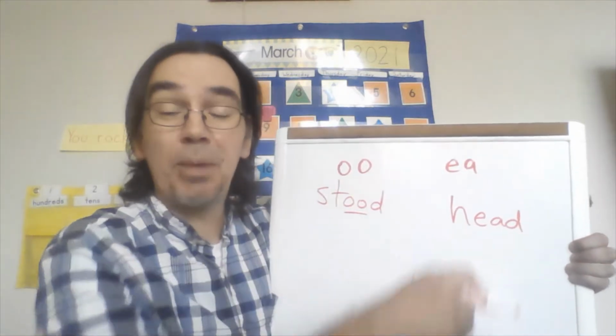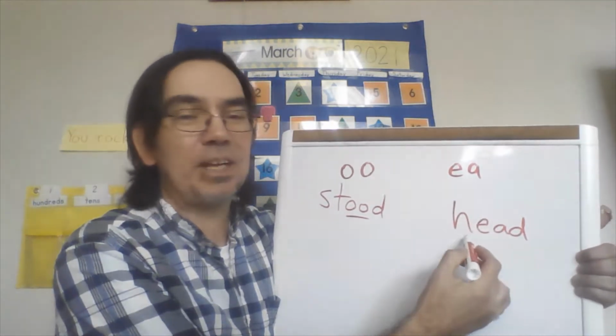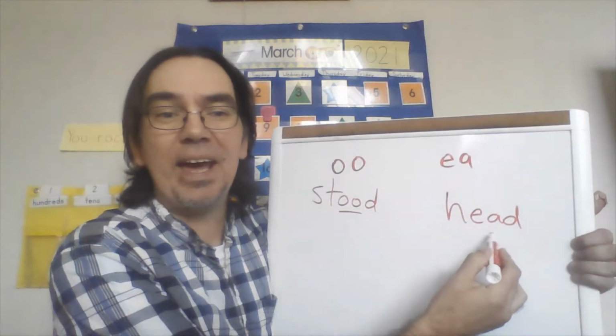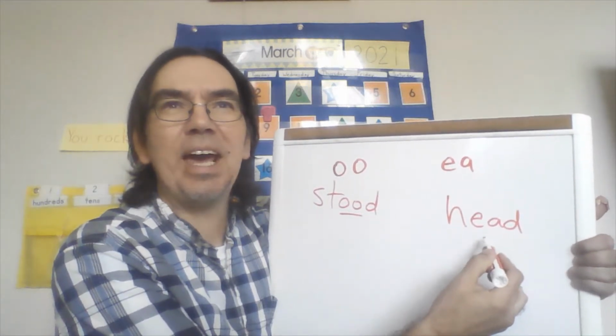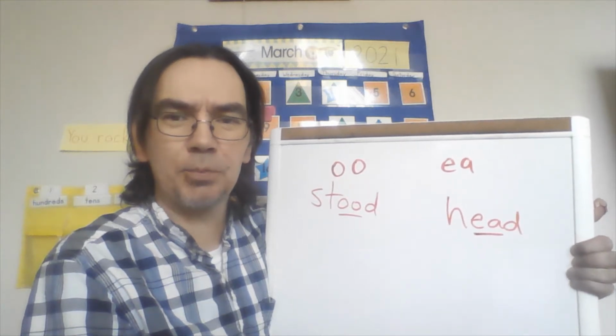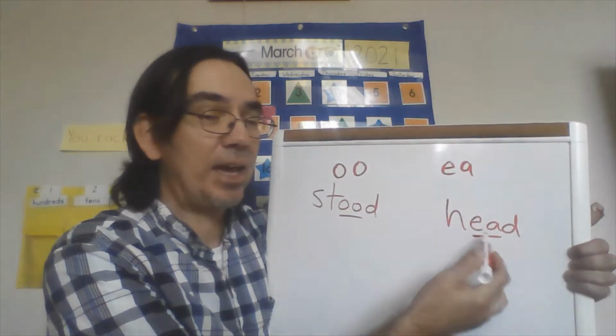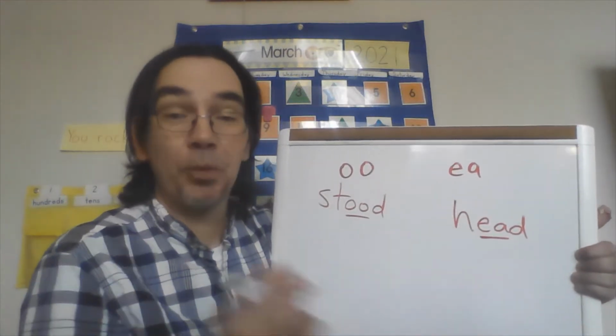Going back to the very beginning when we were talking about head. Listen to the sound that this makes. Eh. You just hear one sound coming from those two letters. So stood and head. We're going to be looking for those, and to help us look for those, we have our friend, Mrs. Fox, who is coming right up.